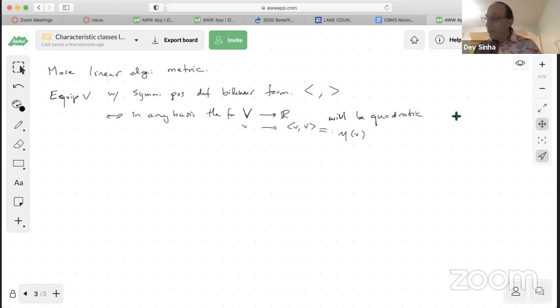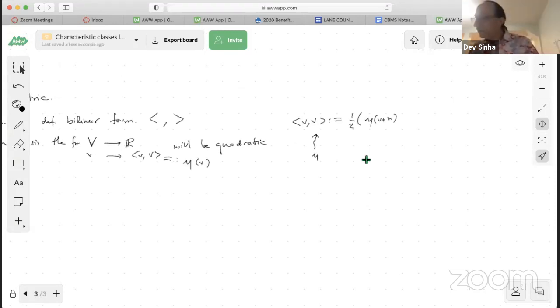Conversely, if I have a mu, then I can define the pairing between V and W to be 1/2, so we're in characteristic 0, mu of V plus W minus mu of V minus mu of W. So that's the standard very classical translation.